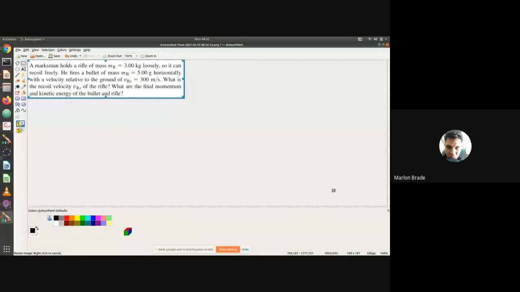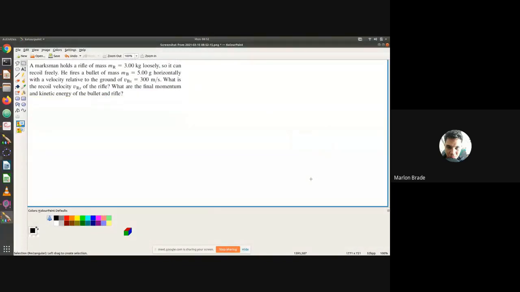So, a marksman holds a rifle of mass MR equals 3.0 kilograms. So, ang mass sa atong rifle is 3.0 kilogram. Okay. So it can recoil freely. It fires a bullet of mass MB equals 5.0 gram.